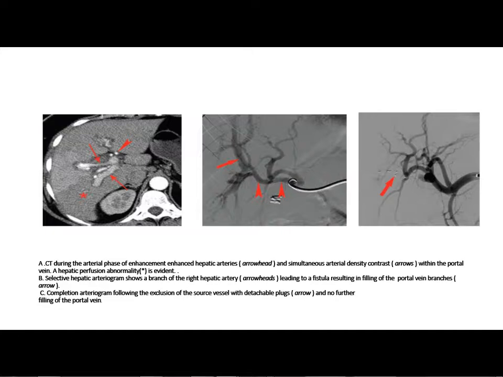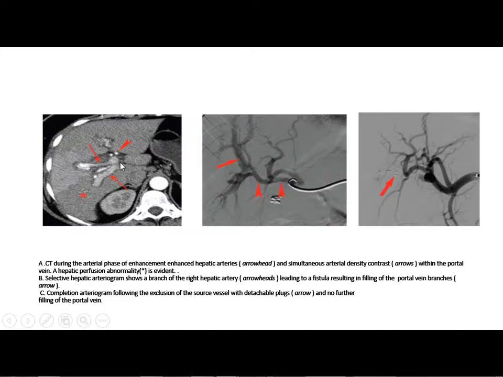This is a CT scan during the arterial phase of enhancement, showing enhanced hepatic artery and simultaneous arterial density contrast within the portal vein. A hepatic perfusion abnormality is evident. B shows a selective hepatic arteriogram, which shows a branch of the right hepatic artery leading to a fistula resulting in filling of a portal vein branch. Where?